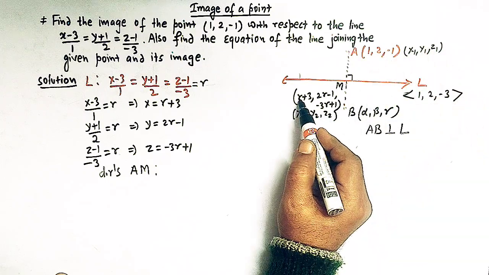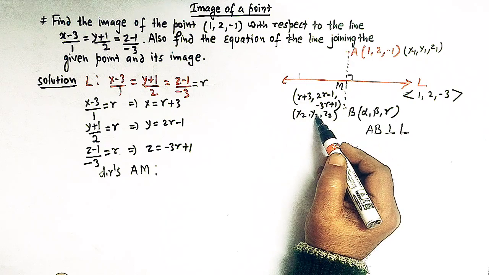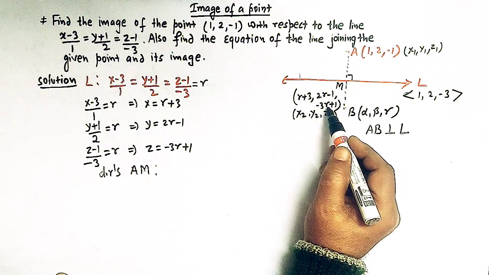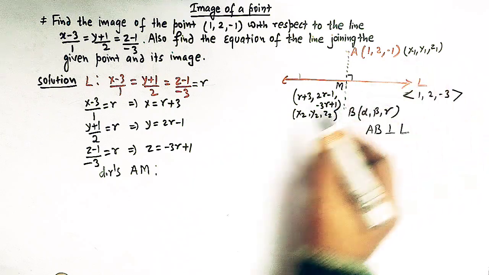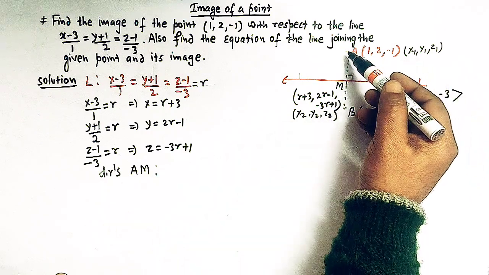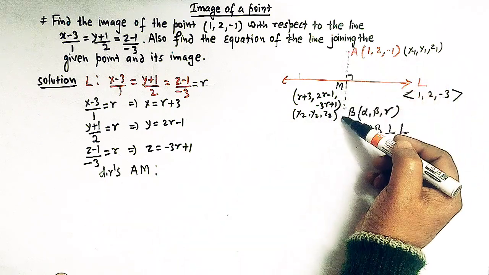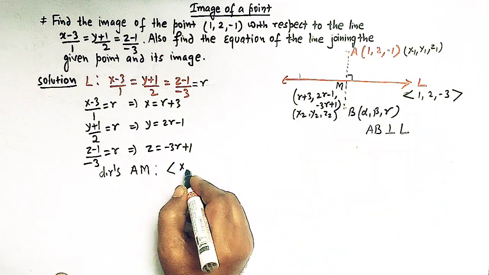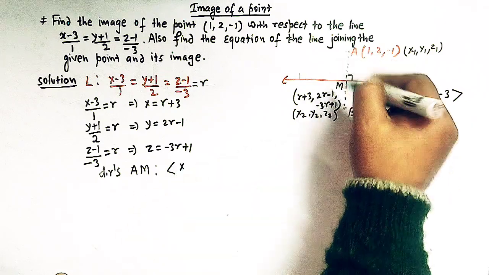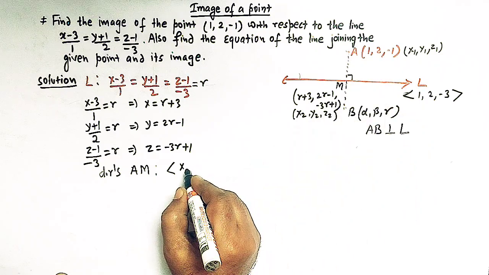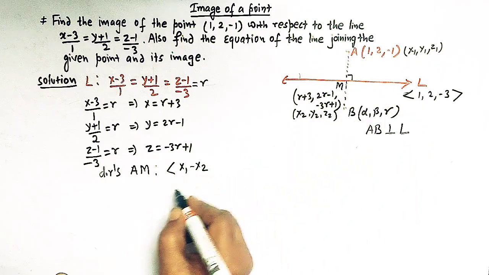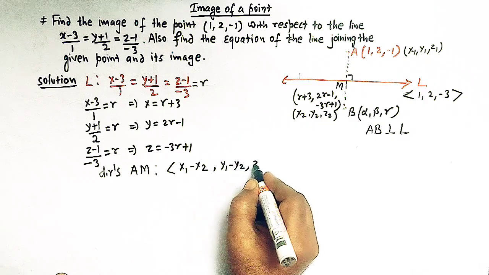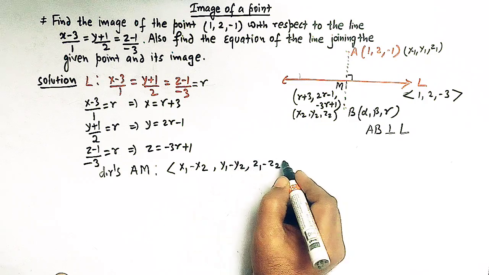Similarly, x2 is R + 3, y2 is 2R - 1, and z2 is -3R + 1. So the direction ratios of the line AB or AM can be obtained by subtracting the coordinates, right? So we have x1 - x2, y1 - y2, and z1 - z2.